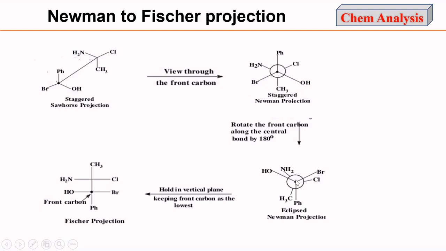Since this is the front carbon, and we are viewing this structure from this carbon to the back carbon, on the front carbon we can see that the phenyl group is below the plane, so it will be vertically below, and on the left side OH, right side bromine atom. On the back carbon atom methyl is above the plane, so it is along the vertical axis top, and on the right side there is a chlorine atom, left side NH2 group. So it is the Fischer projection formula of this Newman structure.